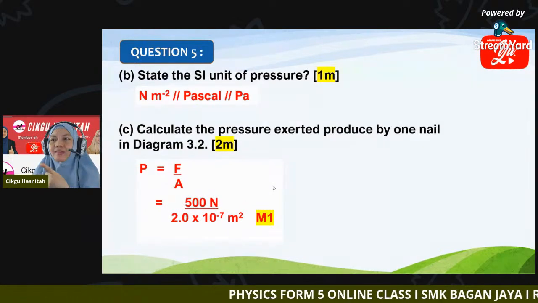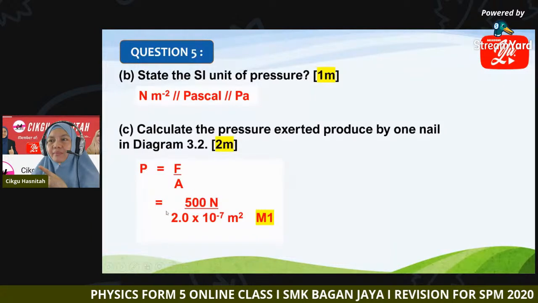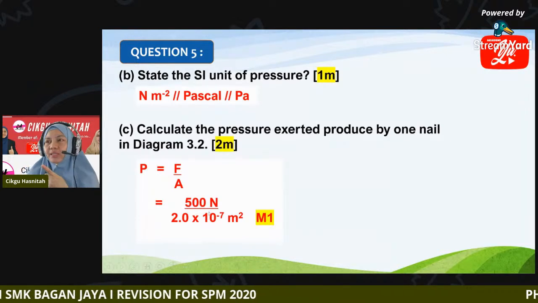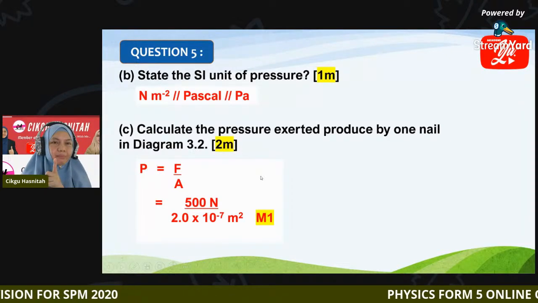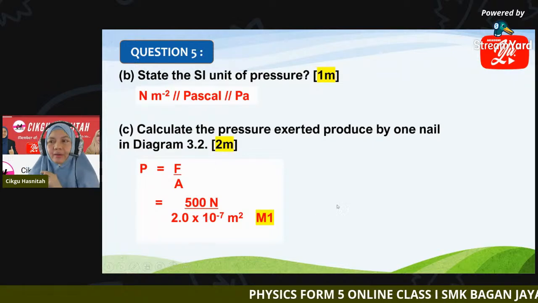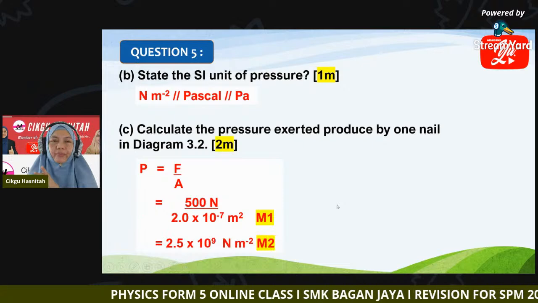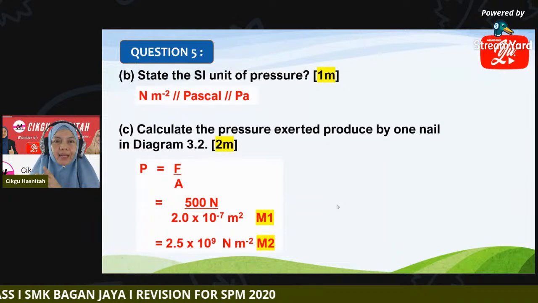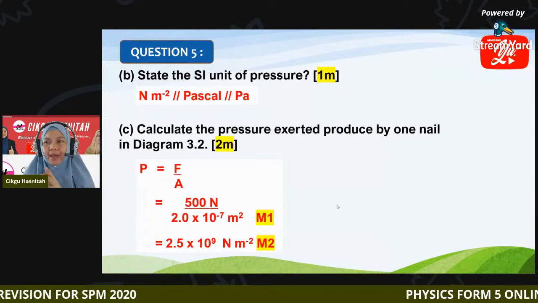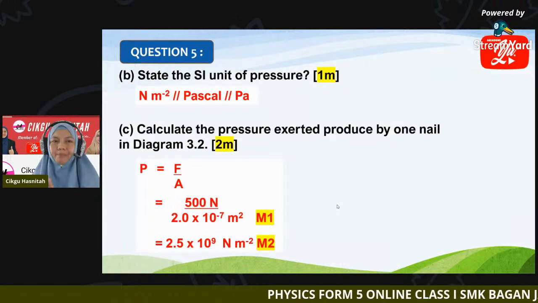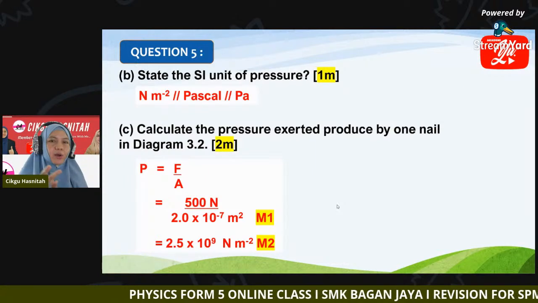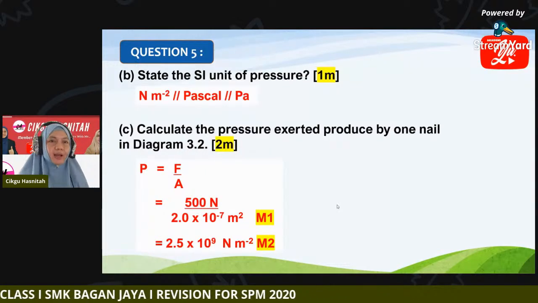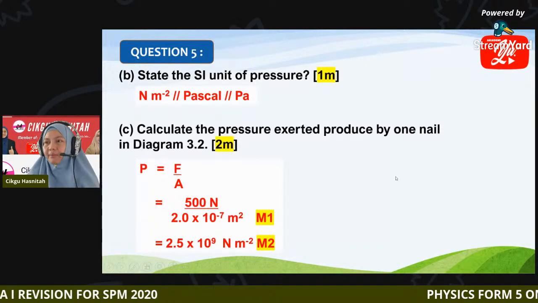This is the area for one nail, 2.0 times 10 negative 7. When you do the substitution with the correct values, you secure your first mark, M1. Then you solve. The pressure is 2.5 times 10 power of 9 Pascal, or 2.5 times 10 power of 9 Newton per meter square. This is your second mark, M2. Very simple, how to find the pressure exerted by one nail.